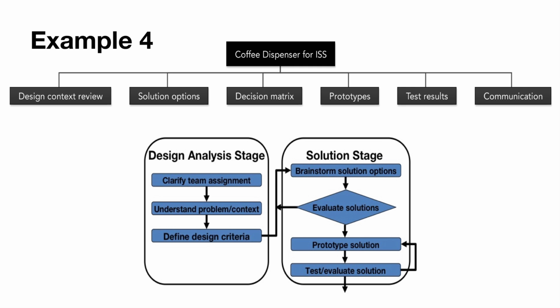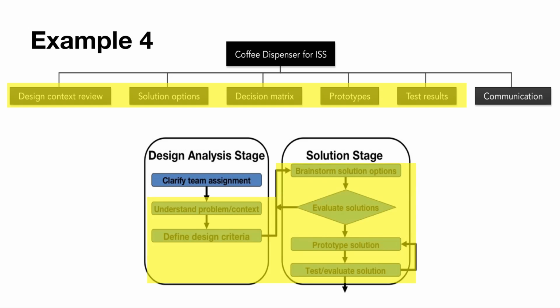In example 4, the major tasks align with the engineering design process from the design context review to the test results. So as you can see, there are several strategies to decompose a project into major tasks to complete step 1 of creating a work breakdown structure.